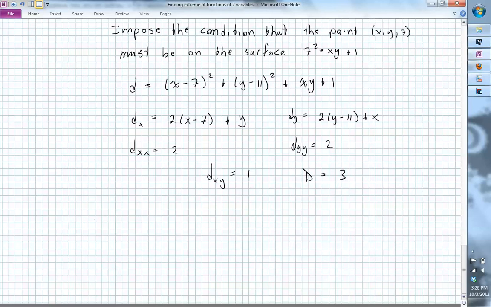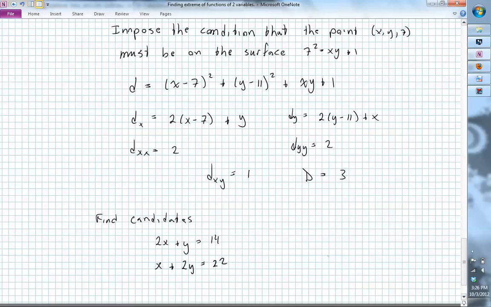Okay, so we want to first find the candidates. How do we do that? Set the first derivatives equal to 0. I'm going to do a little bit of algebra in my head here, which is always dangerous. 2x plus y equals 14, and x plus 2y equals 22.